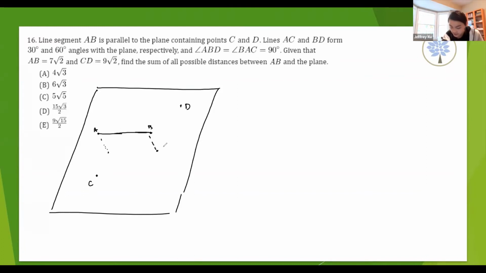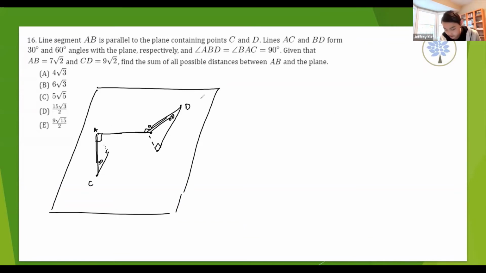And we have AC and BD will form 30 and 60-degree angles with the plane respectively. My diagram is pretty terrible, but let's just pretend that this is 30 and this is 60. And ABD and BAC are 90-degree angles.